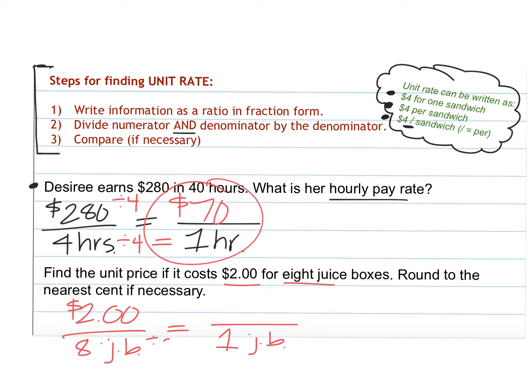So therefore we're going to divide both the top and the bottom by 8 because 8 divided by 8 equals 1. So we do $2 divided by 8 and we get 25 cents. So I know that 1 juice box would be 25 cents. Basically what we're doing is we're taking the numerator and dividing it by the denominator.